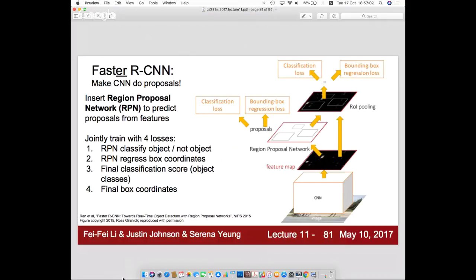Okay, the key here is, of course, the RPN, which, as I said before, is trained to recognize region proposals. So there's no longer any need for a separate RPN algorithm.